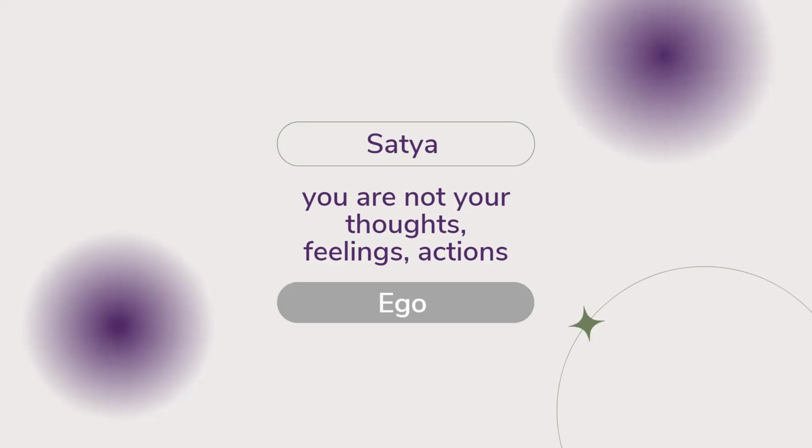What we then make the mistake of doing is saying, I am kind, or I am efficient, or I am quick tempered, and we say that is who we are.